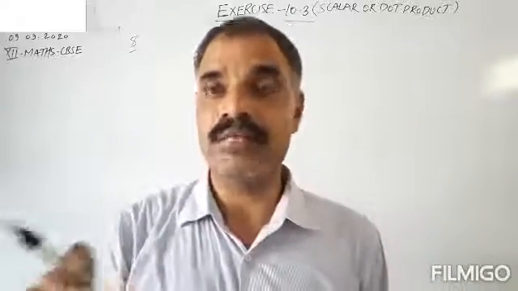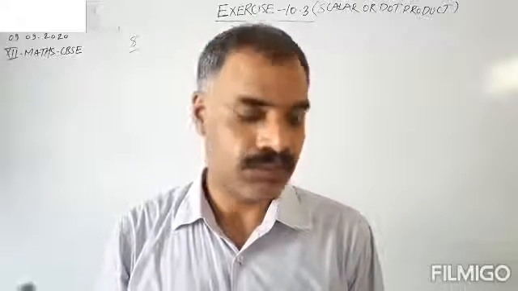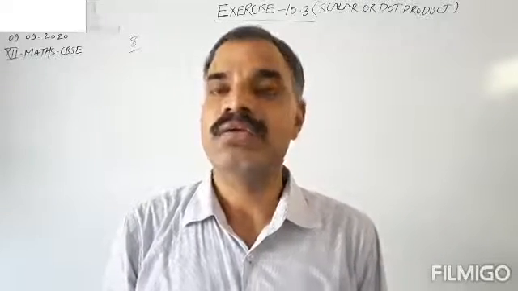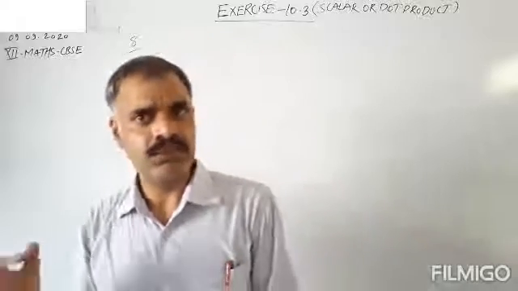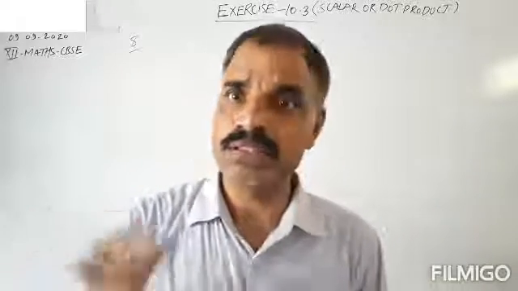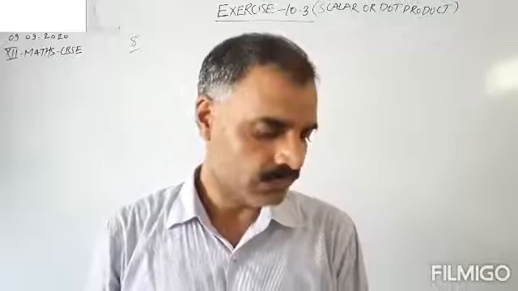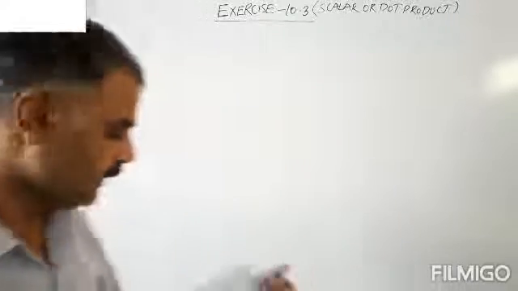Means we have been given A vector dot B vector equal to 1/2, theta equal to 60 degrees, so that we can easily find the magnitude of A vector and B vector. Now we will take question number 10.